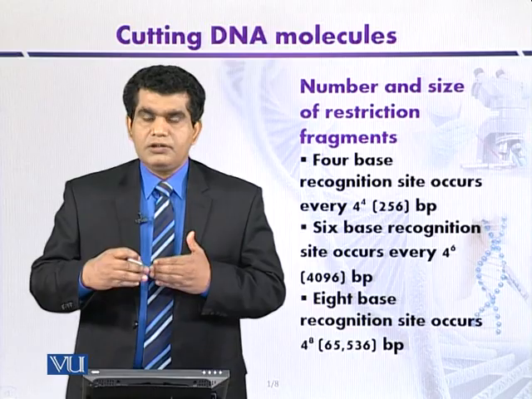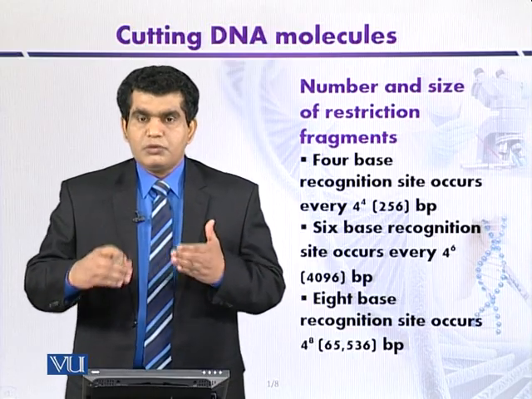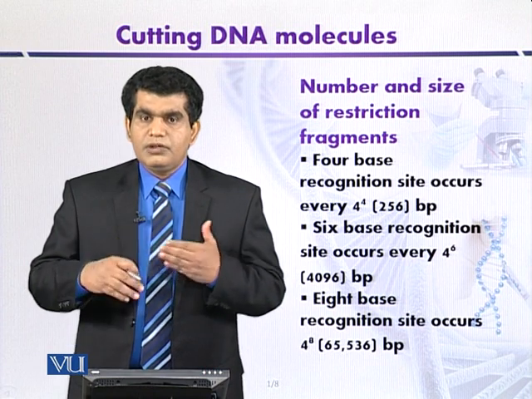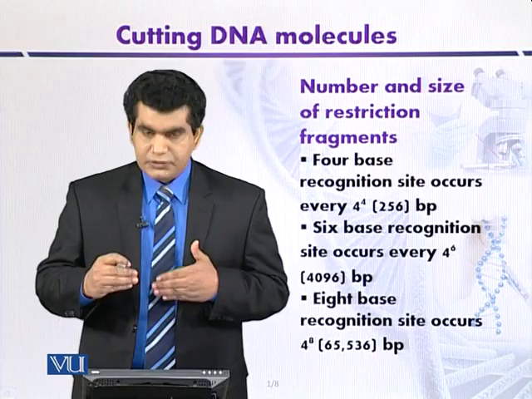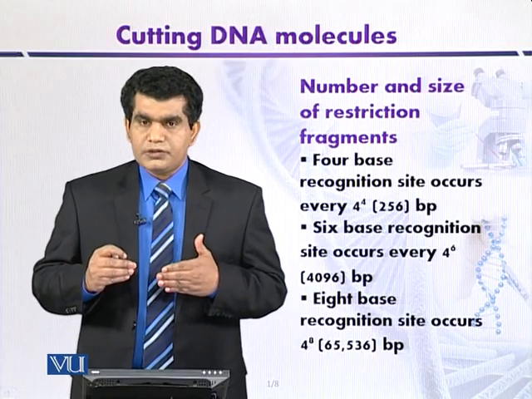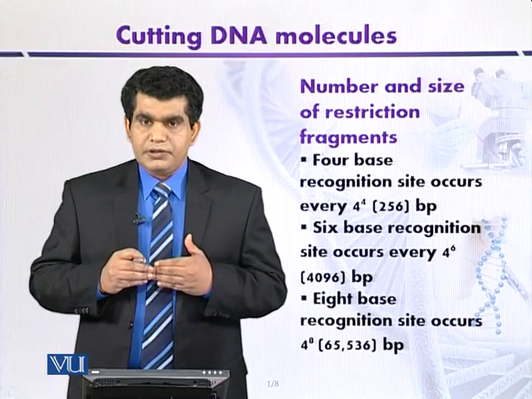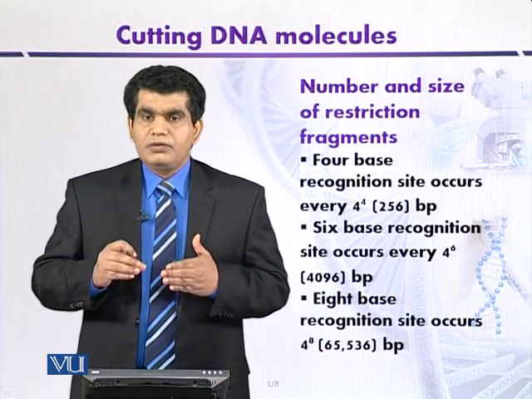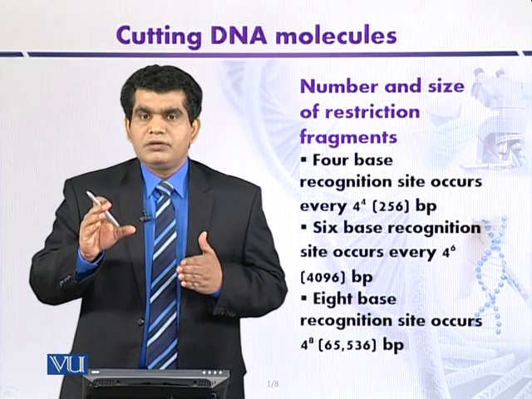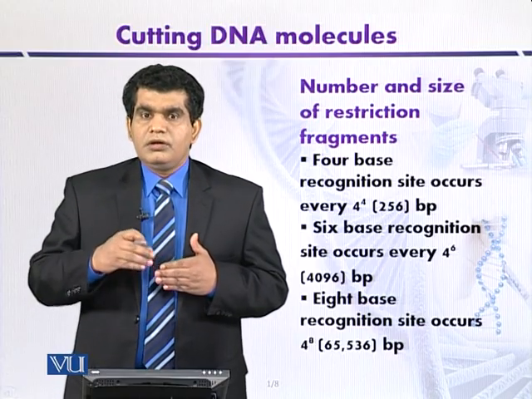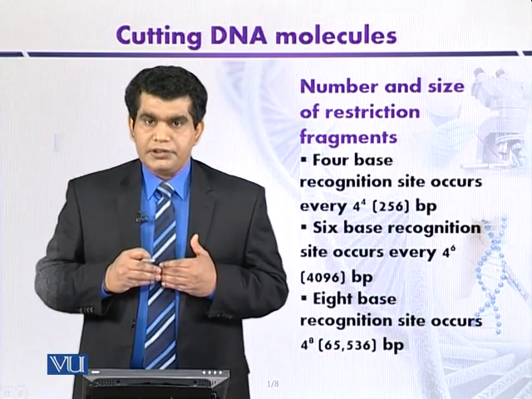And similarly, if the target sequence consists of 8 base pairs, then we can assume that it will be repeated after every 65,536 base pairs. So if the length of the target sequence is higher, then the more lengthy DNA fragments will be generated.